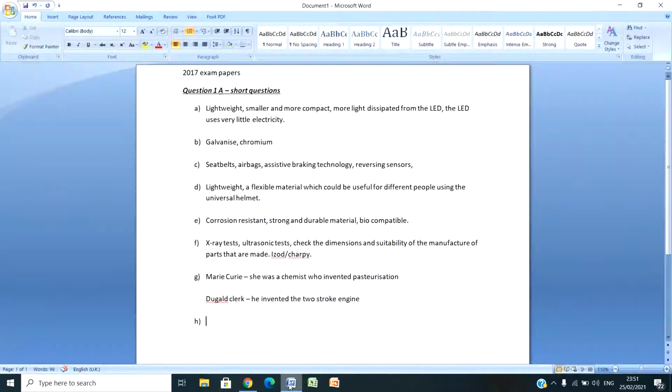And again, it always comes back to your properties. It's lighter. Okay, so carbon fiber is a lighter material. Okay. It is corrosion resistant.